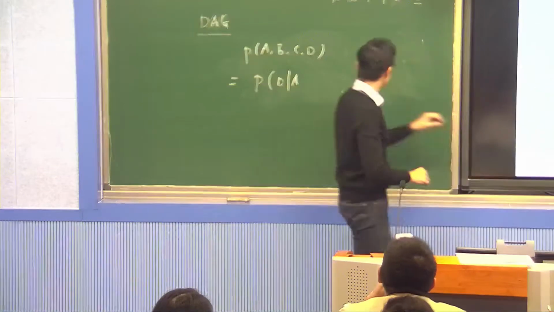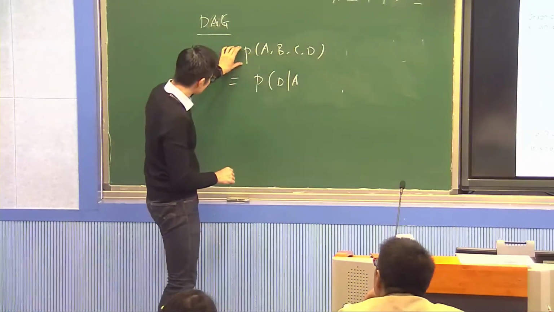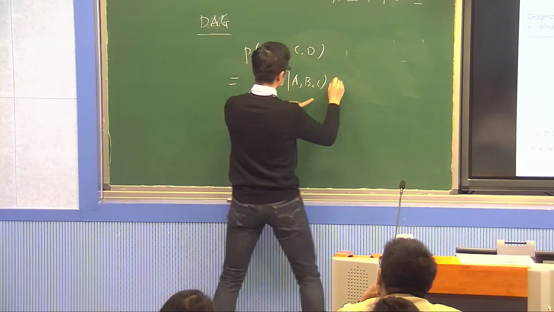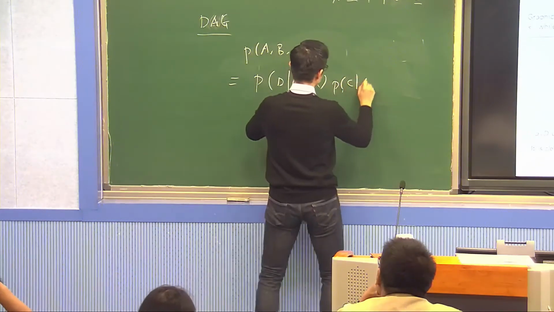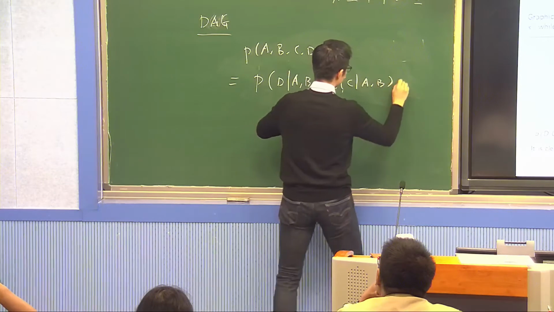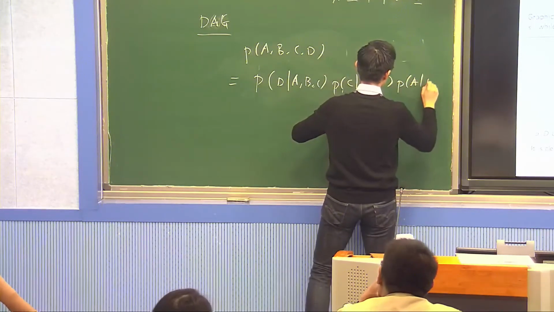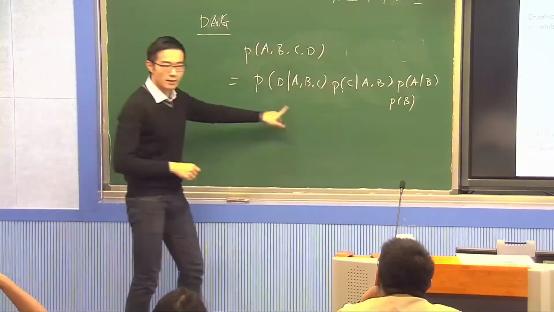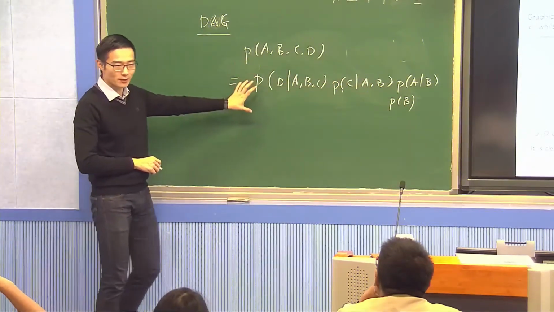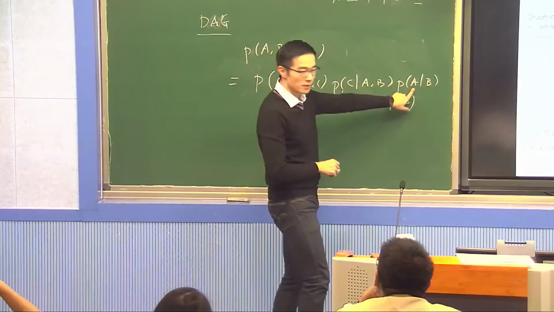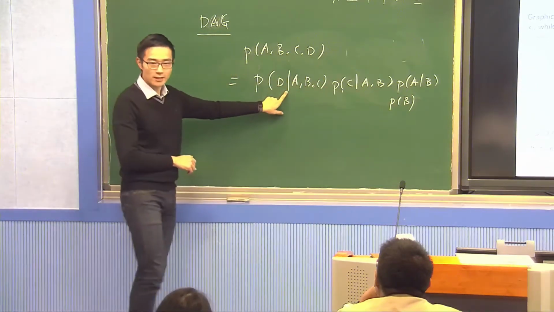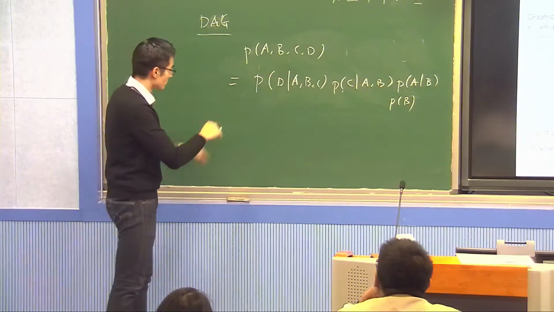Just from the distribution, I can always write it as P(D given A, B, C), P(C given A, B), P(A given B), and P(B). Do people see that? I can always write it this way.